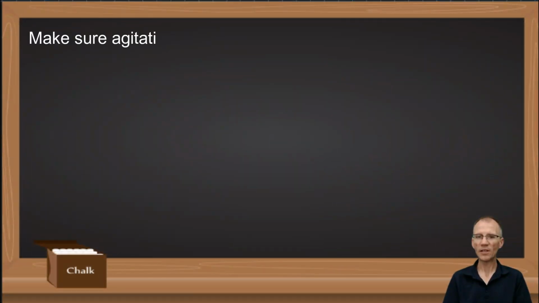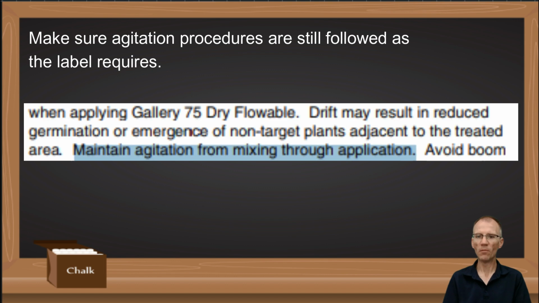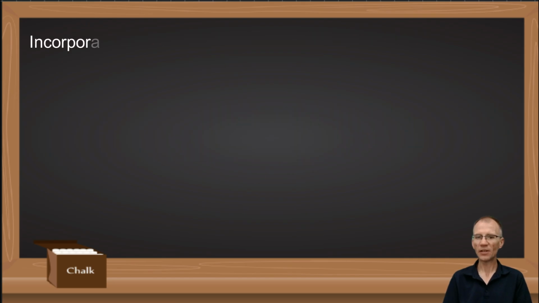Now obviously we talked about here, if you've got a suspension of particles such as wettable powders, flowables, or dry flowable formulations, if you turn equipment off, or even while you're using it, you have to make sure these things stay agitated. So of course, when you pause an application or turn the equipment off, understand you're going to have to agitate those products again.